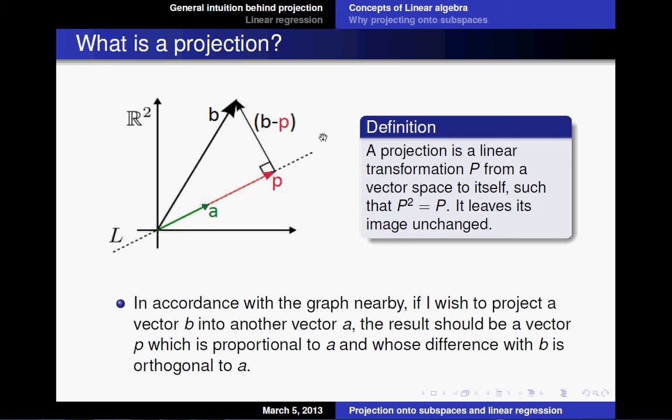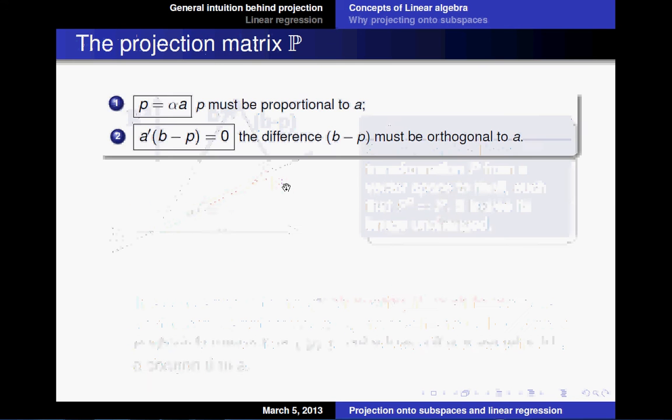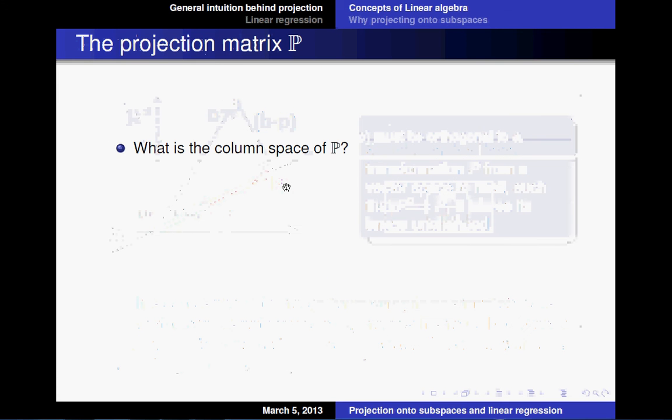So the column space of this matrix must be the line through A.